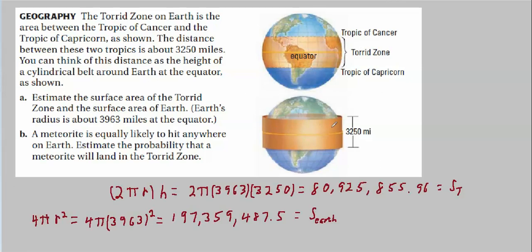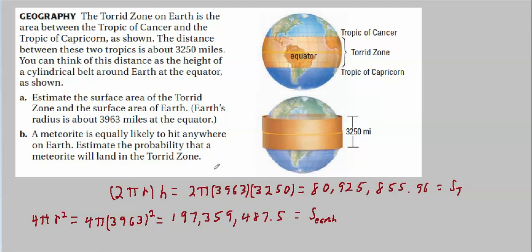So there's just a whole lot of numbers to this one, but it's not really all that tough. To get this band, we use our 2 pi r times h, which is 2 pi times this big number they gave us here for the radius of the Earth, and this other big number, which is the width of the band. And it turns out to be this other big number here, 80,095. You can read it.